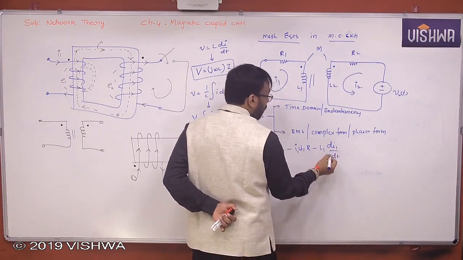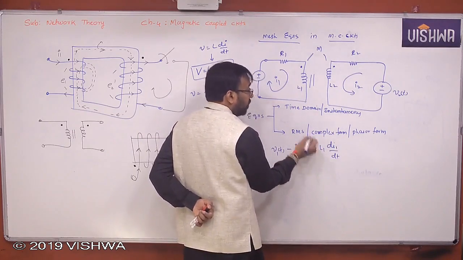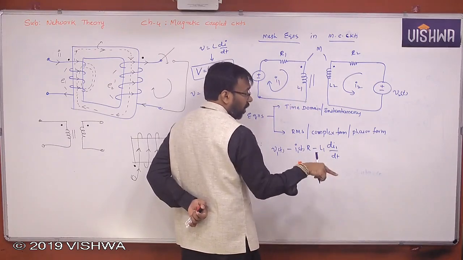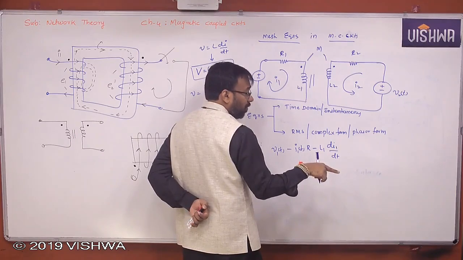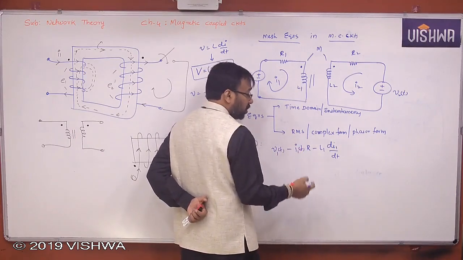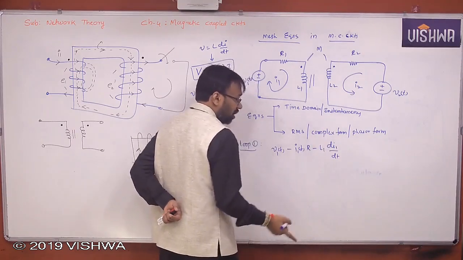You get this sign because I'm following the convention of fallen voltage negative, rise in voltage positive. People who follow the reverse convention may get plus here. So self-induced EMF sign identification is not a problem.